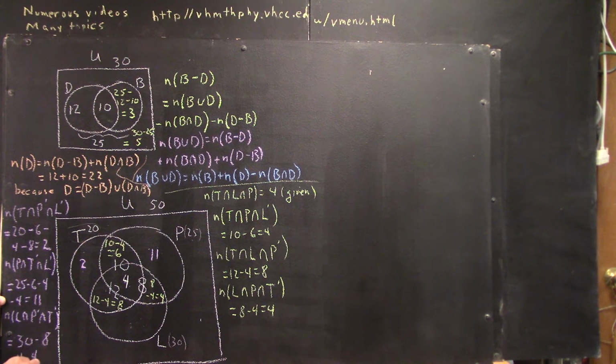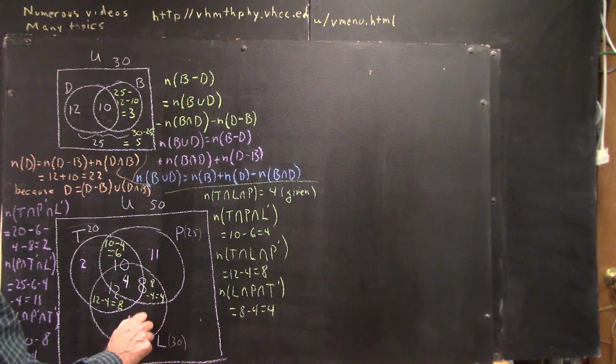Okay, so that's 8 and 4 is 12, and 4 is 16. We subtract that from the 30 and we get 14. So I believe we have 14 here.